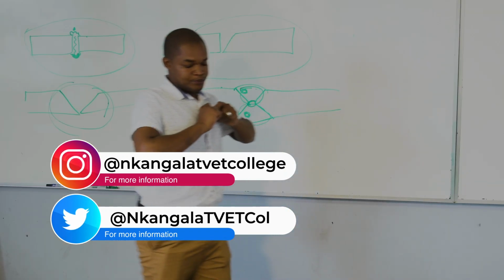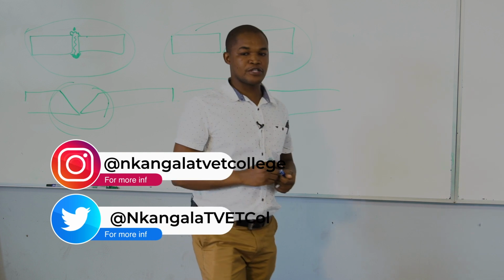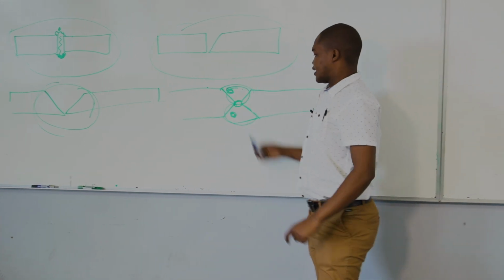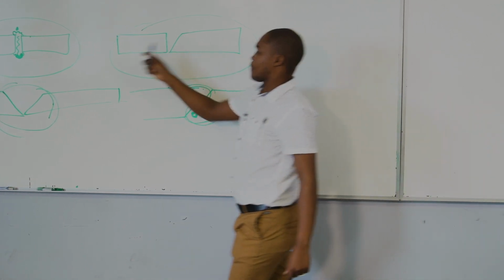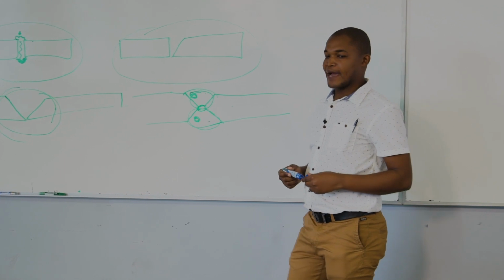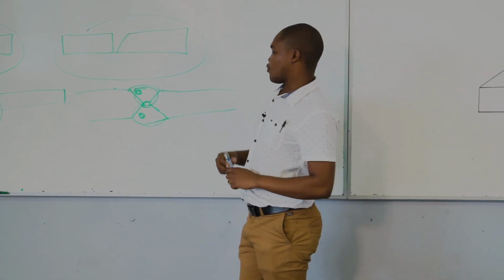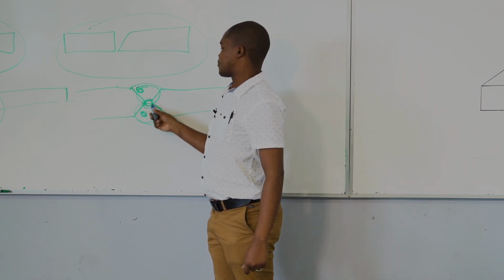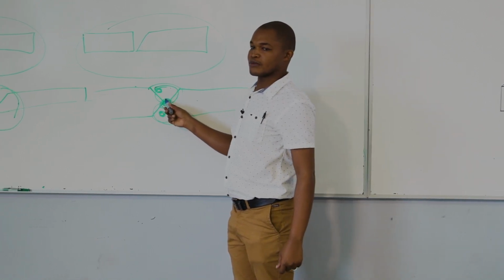Now, as we spoke about the distortion, we need to avoid distortion. These are the most of the weldings where you will be affected by the distortion. What you need to do to avoid distortion is reduce the gap between the two.